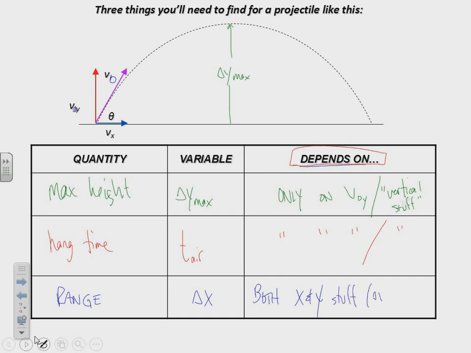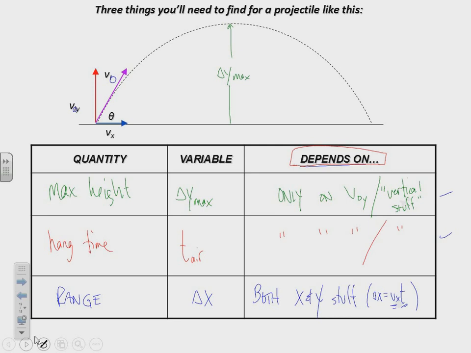Remember, if we say delta X is VXT, well, there's your horizontal stuff, but time in the air is vertical stuff. That's why the delta X is the hardest problem. It typically involves doing some analysis of the horizontal stuff and of the vertical stuff, whereas with these other ones, you only have to worry about vertical stuff.